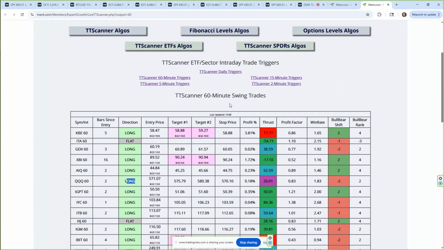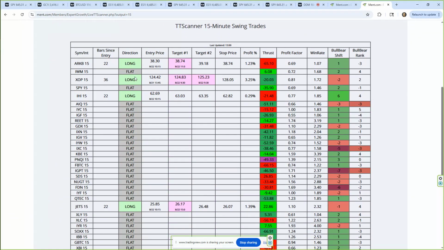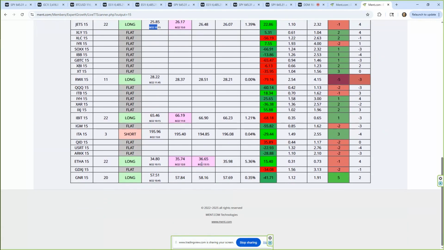The 10-minute algos or 15-minute algos are long. We have a few less of these because this is 15 minutes. It rolls. These are midday, 22 bars as of today, long, hitting targets.